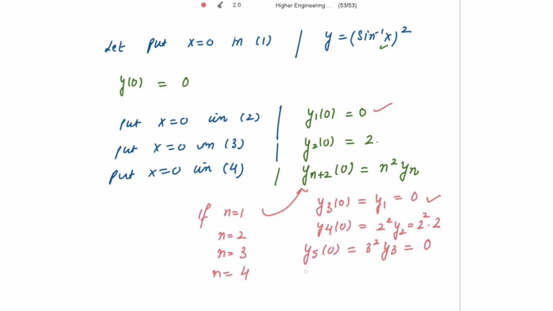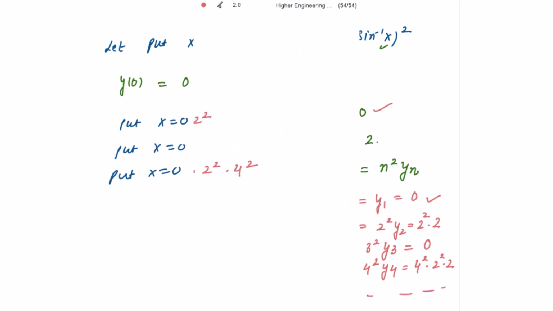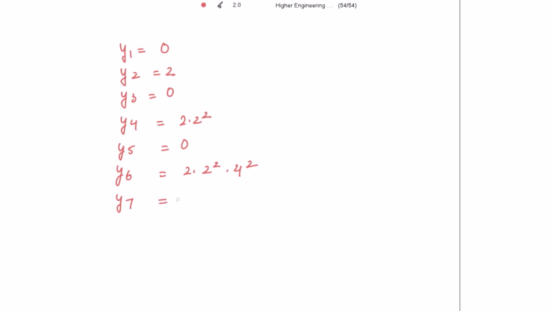For n equal to 4, we get y6 at x equal to 0, so this is 4 square into y4. What is y4? It is 2 square into 2. So this is 4 square into 2 square into 2. And so on, right? So likewise, we can get y7 to be 0 and so on. So in general, we can get nth derivative at x equal to 0 to be 2 into 2 square into 4 square into, what number square do we get?